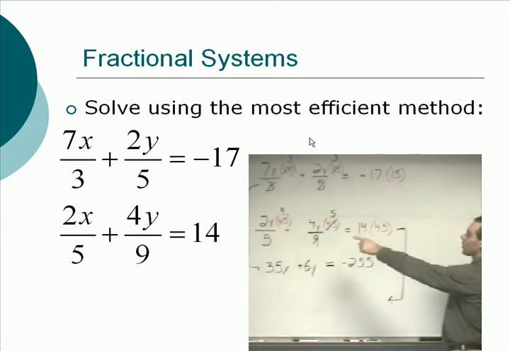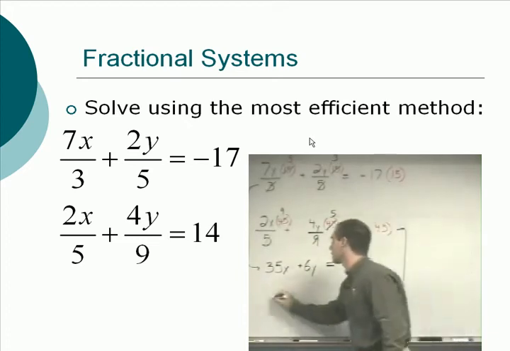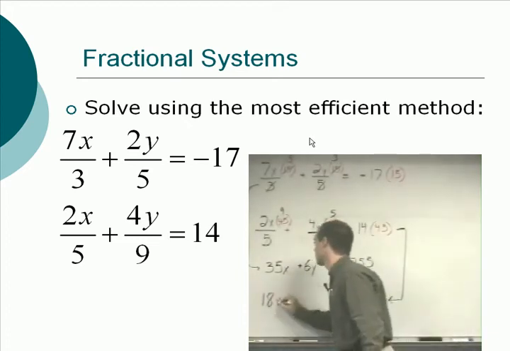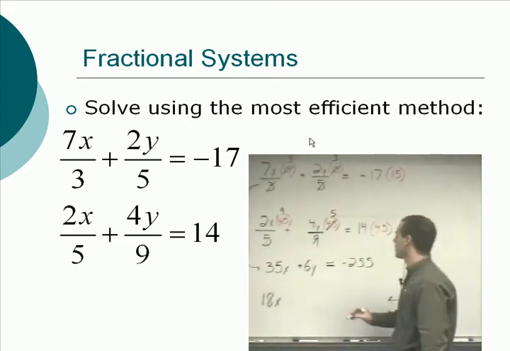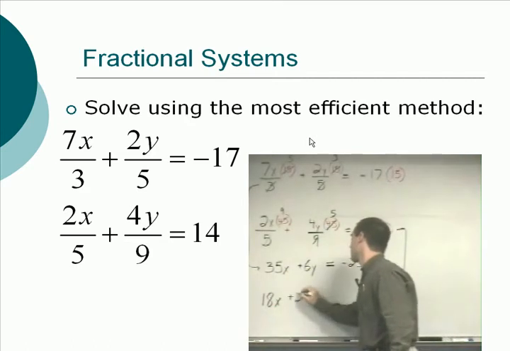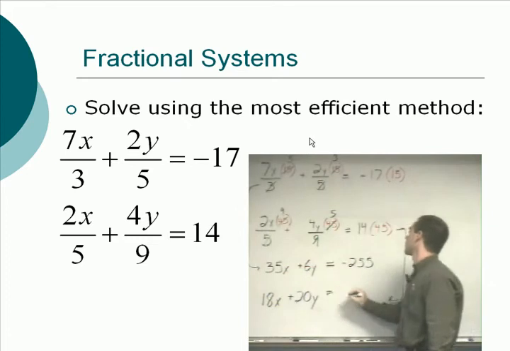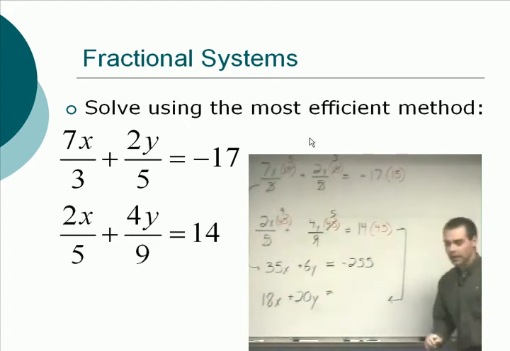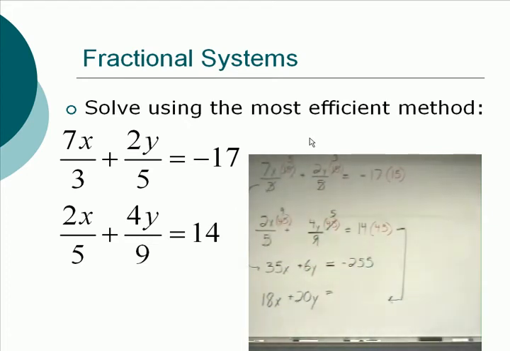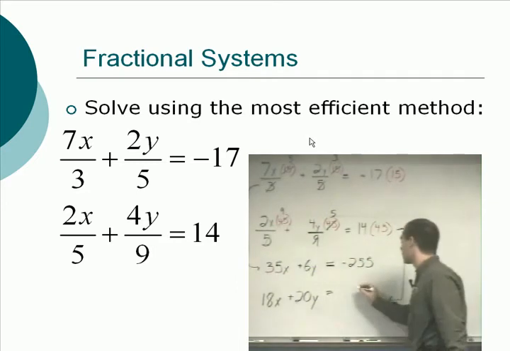And this equation we'll rewrite, and it'll become 18x plus 20y equals 14 times 45. 630? Thank you.